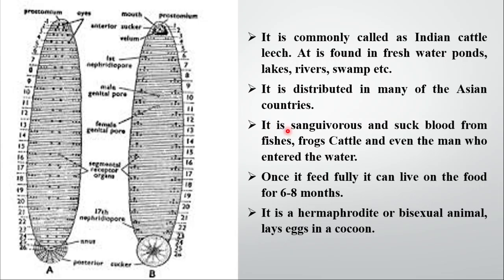It is sanguivorous and sucks blood from fishes, frogs, cattle, and even man who enters the water. See the new terminology, sanguivorous: it is used for animals that suck the blood of other animals. So these cattle leeches are sanguivorous in nature.